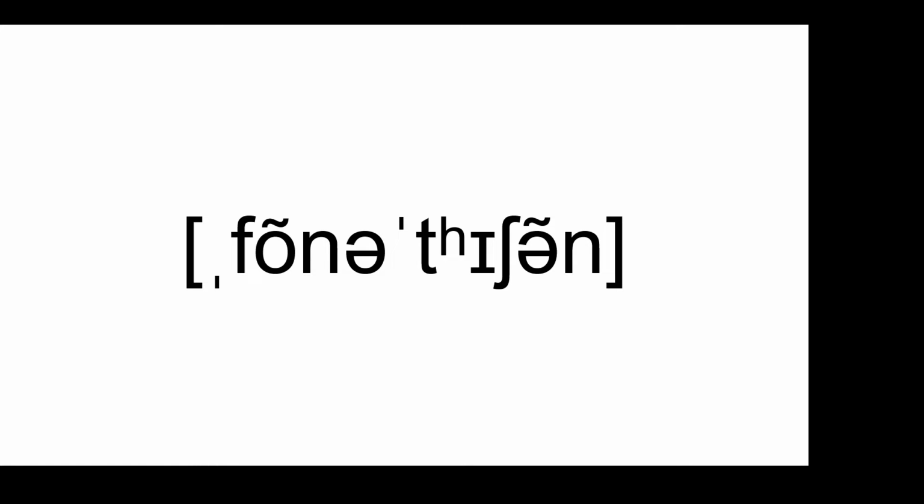So phonetician, that third syllable is definitely primarily stressed, but in the phone part, the fo is more stressed than the n. So we have two syllables with schwas, the second and the fourth. The other syllables, the first and third, are stressed. Secondary stress on the first one, primary stress on the third. So you see the high tick and the low tick.